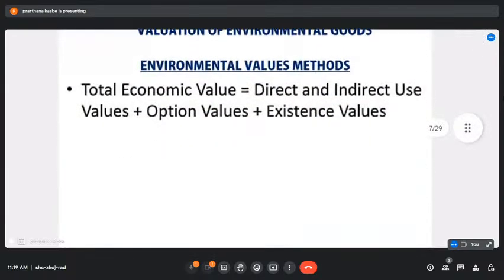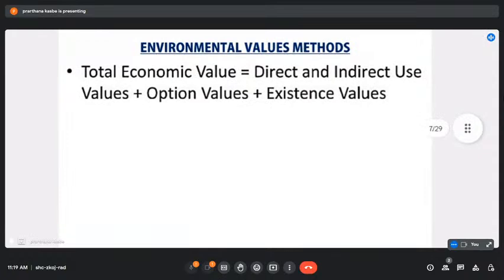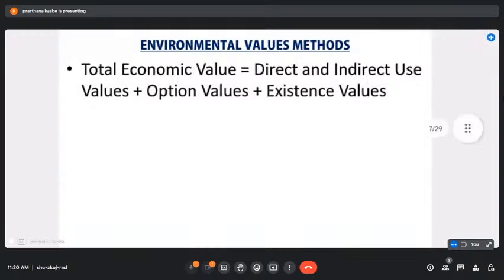So when we discuss the formula of the total economic value, एकूण आर्थिक मूल्य, it is equal to direct and indirect use values plus option value plus existence value. म्हणजे प्रत्यक्ष मूल्य, अप्रत्यक्ष मूल्य प्लस पर्यायी मूल्य आणि अस्तित्व मूल्य. तर या सगळ्यांचं ज्यावेळी आपण ऍडिशन करतो त्यावेळी आपल्याला टोटल इकॉनॉमिक व्हॅल्यू मिळणार आहे.